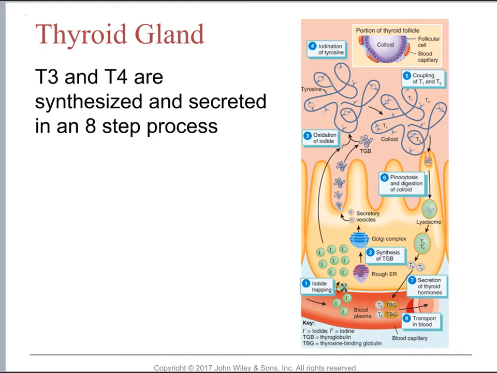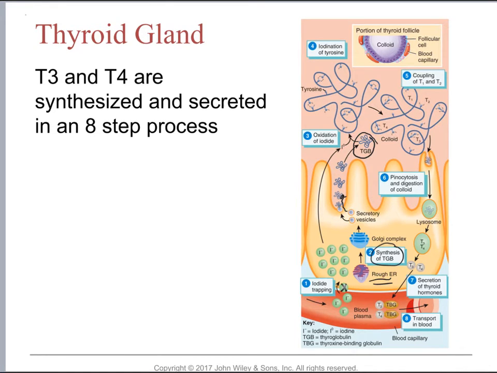So a typical cell has its rough endoplasmic reticulum making a protein. That protein is thyroglobulin. That thyroglobulin is going to move to the Golgi, which is going to package it into nice, neat little vesicles and then exocytose it into the actual lumen of that tube. And there it is. There's that thyroglobulin.